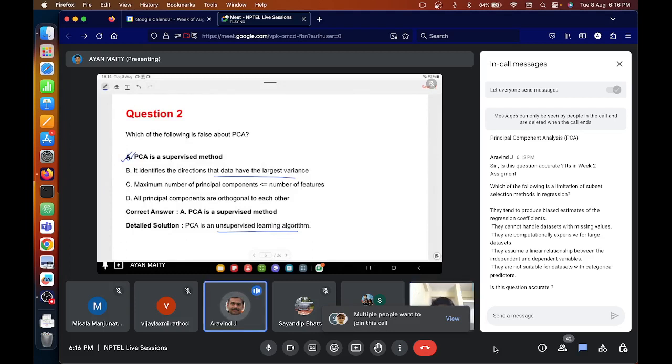So you mean that there is only one limitation, and all the others? Is this question single correct answer or multiple correct answer? Actually, single correct answer. I think the question is not wrong, but you have to wait for the correct answer. When the evaluation is done, they will be able to tell. Okay, sure, no problem. Thanks.